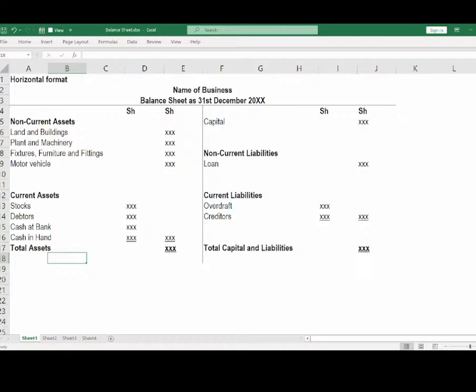The accounting equation, which is also known as the basic accounting equation, forms the foundation for all accounting systems. In fact, the entire double entry accounting concept is based on the basic accounting equation. So before we go to the format, let's look at the assets.